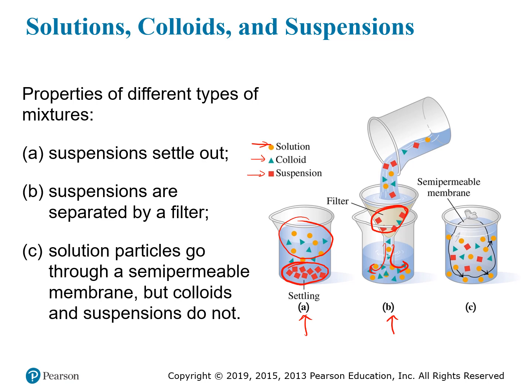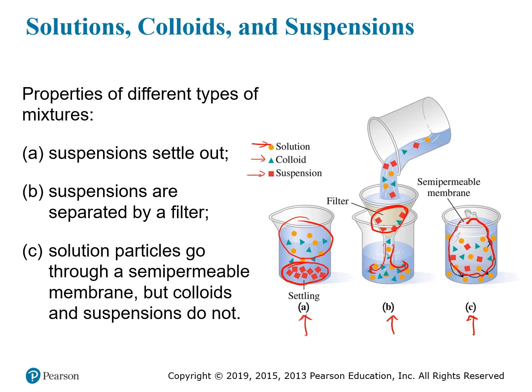The last thing we can do is similar, but instead of filtering it, we're going to let it go through a semi-permeable membrane. You can collect your entire mixture in this bag, which is made of a semi-permeable membrane, and then put it into a beaker or some sort of container of solvent.